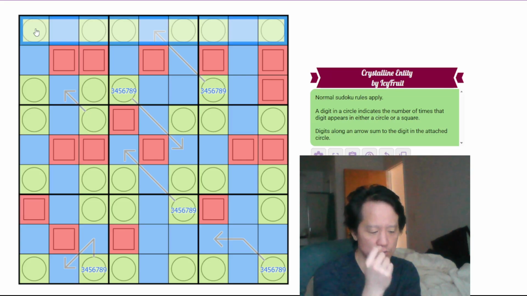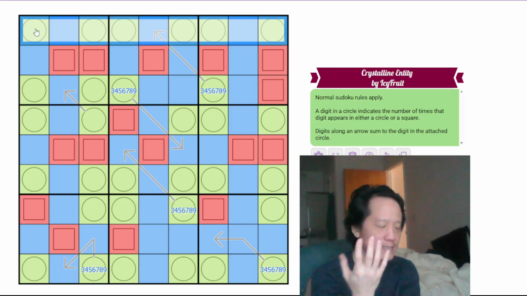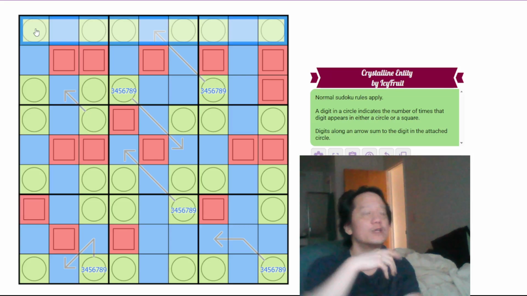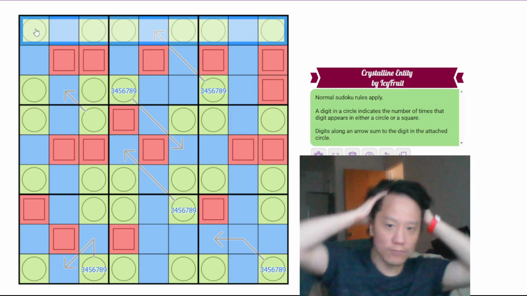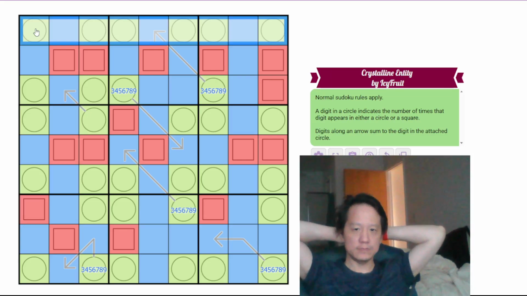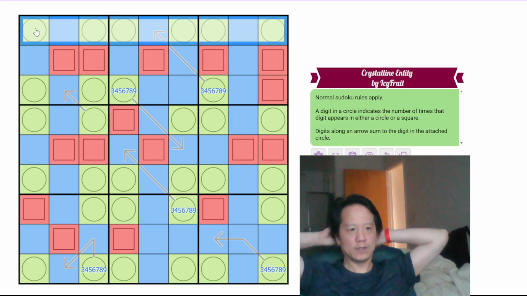And those extra ones have to be within squares, at least a couple, right? To get to 47 in circles or squares.